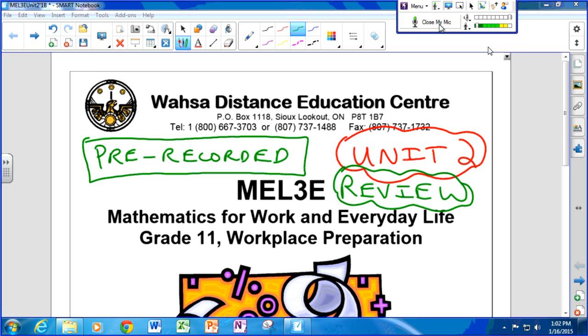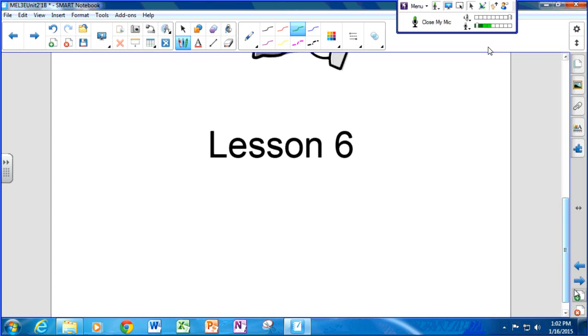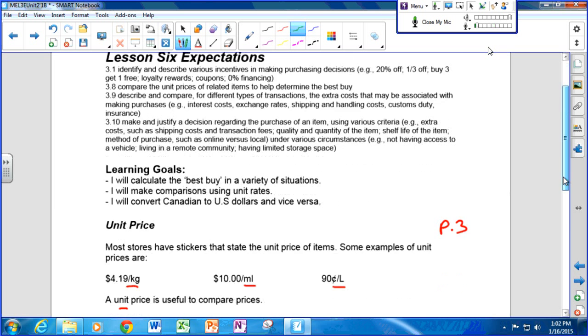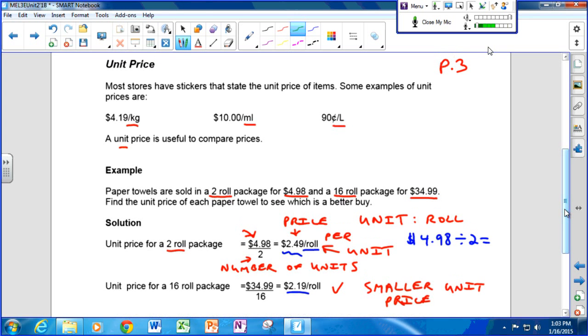So let's take a look at the different topics that we covered in Unit 2. The first one, Lesson 6, was buying decisions. Here we looked at making comparisons of items, and in order to make a comparison, we want to use the unit price.